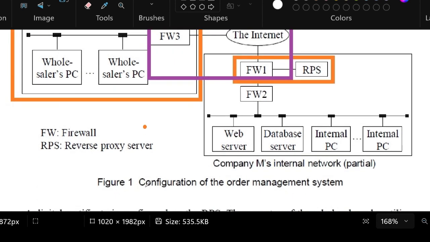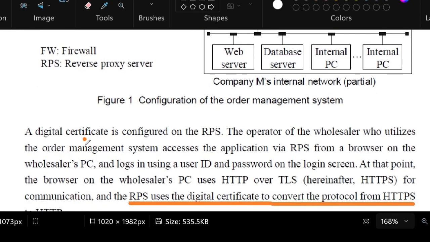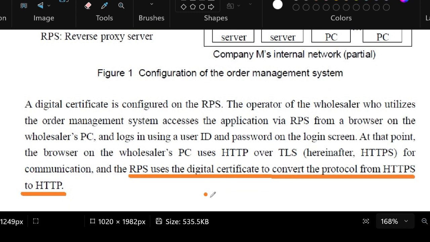Actually, I think this part about the reverse proxy server might be a little bit difficult to understand, but later on we see that it's explained here, particularly its use. It's saying that a digital certificate is configured on the RPS, and we need it primarily because the certificate converts the protocol from HTTPS to HTTP.